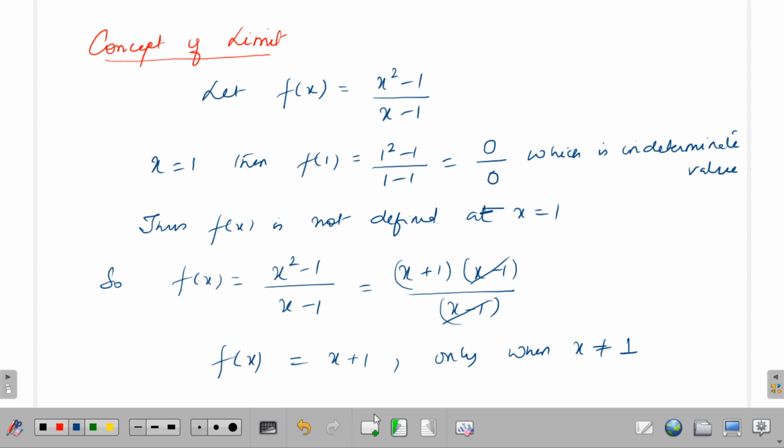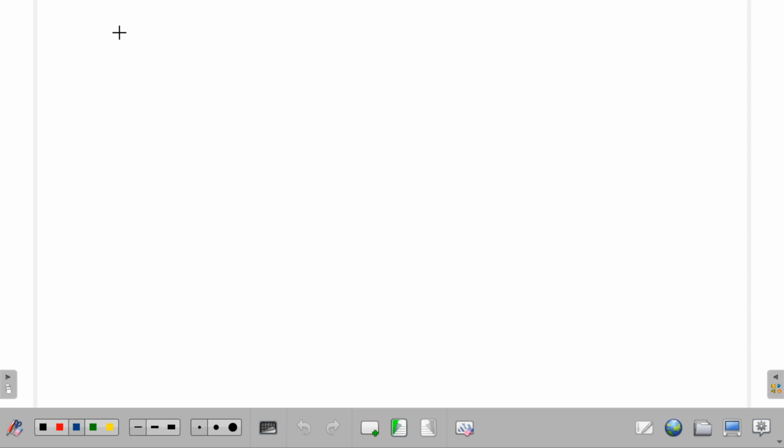Now let me write the same thing on the next page. I have f of x equal to x plus 1, and x is not equal to 1.